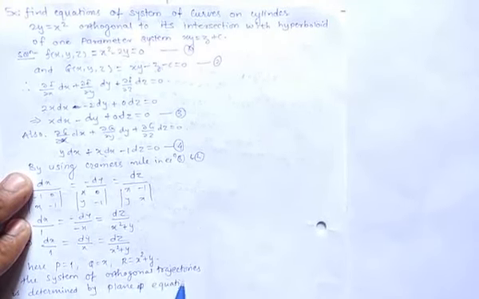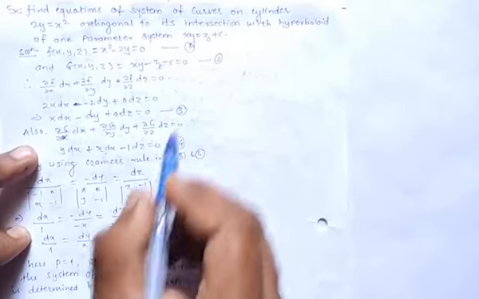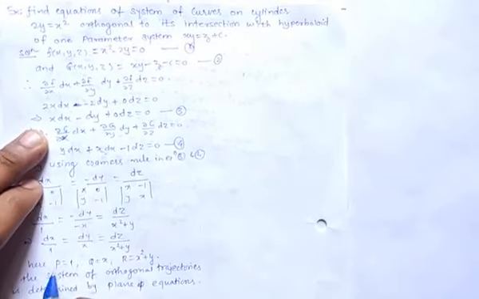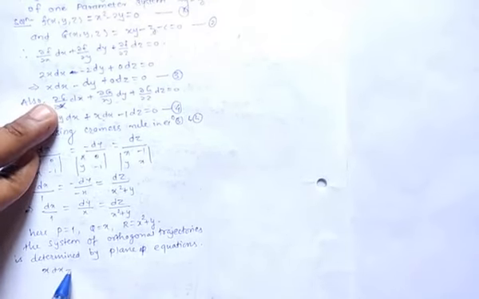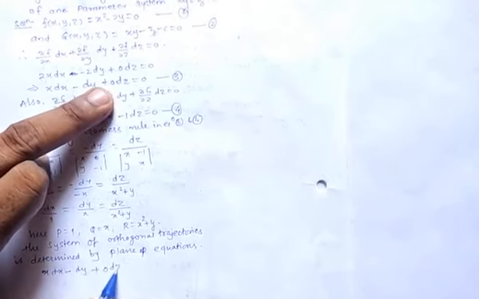First we take the third equation: x dx minus dy plus 0 dz equal to 0.